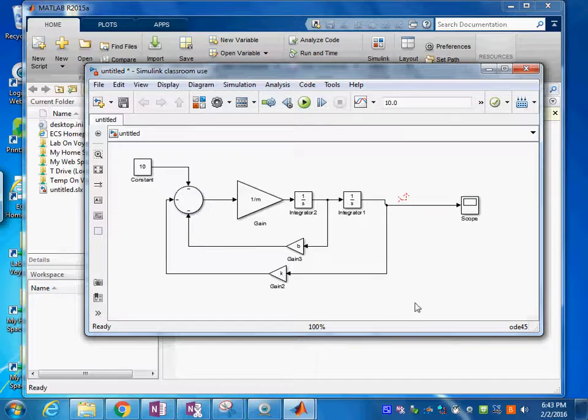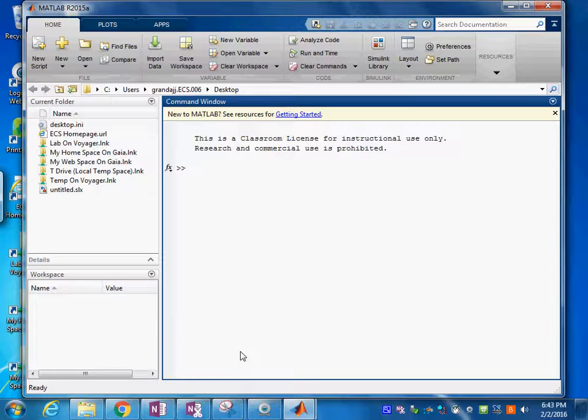So what I need to do is initialize here. Like say m is equal to 1. I leave the 10 in there. This is okay. K is going to be like 30. And B is like 2.